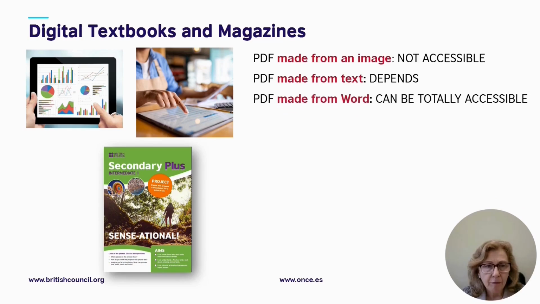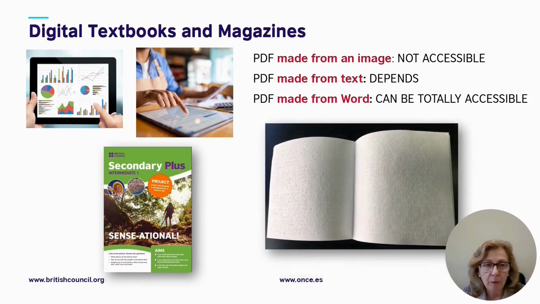A PDF made from Word can be totally accessible if it is well done in our Word editor, and Anna is going to explain to you later how to make it. And when a PDF is not fully accessible, digital books can be converted to Braille or accessible formats.